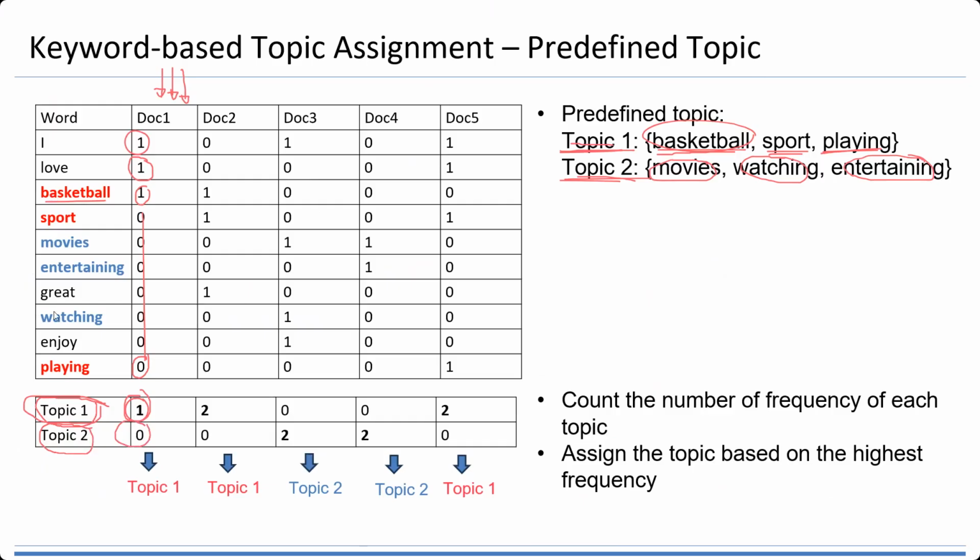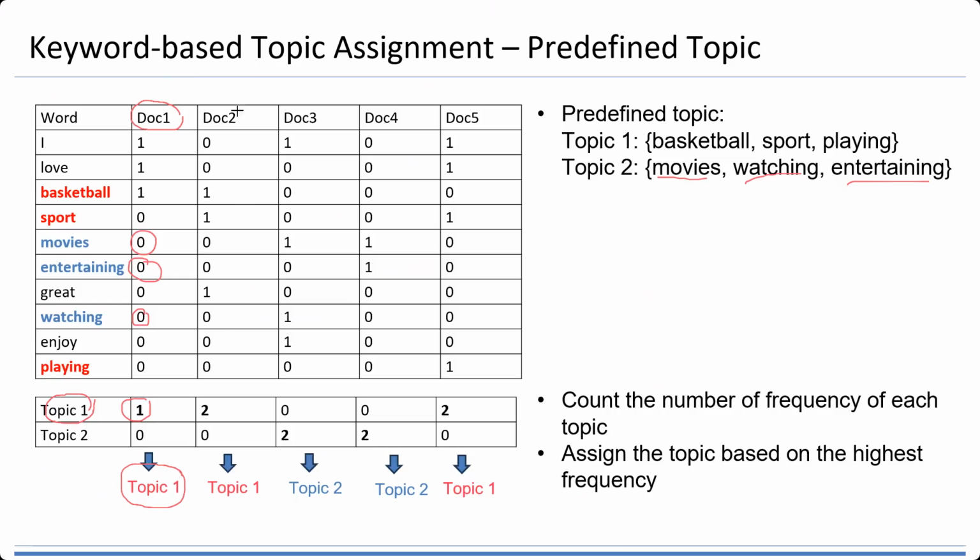So let's take a look. Topic 2 is movie. There is no word movie. Watching, there is no word watching. Entertaining, there is no word entertaining. Then, because we have 1 on topic 1 for document 1, we can assign document 1 to topic 1.